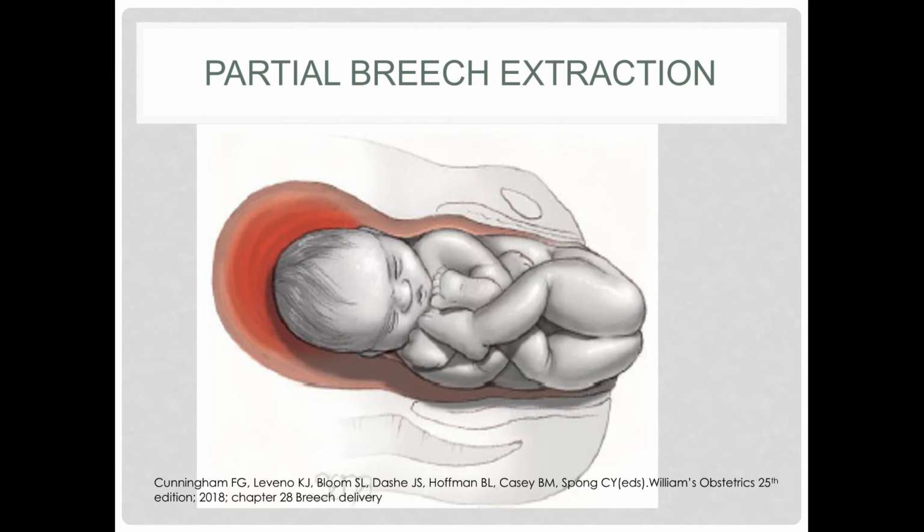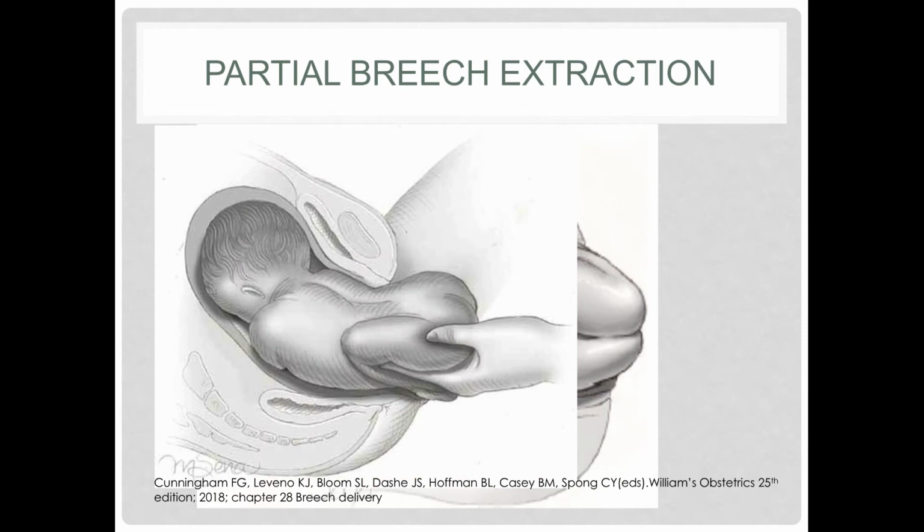Now, the legs are sequentially delivered by splinting the femur with the operator's fingers positioned parallel to the long axis of the femur, and by exerting pressure upward and laterally to sweep each leg away from the midline outside the vagina.